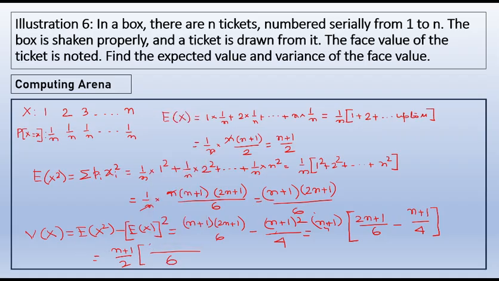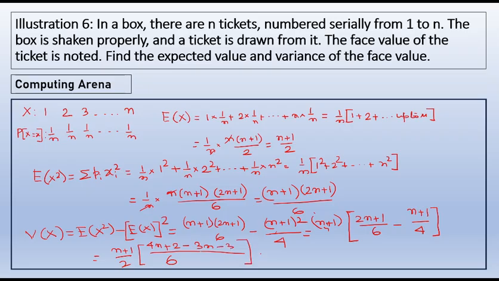You get here 4n plus 2 multiplied by thrice n minus 3.